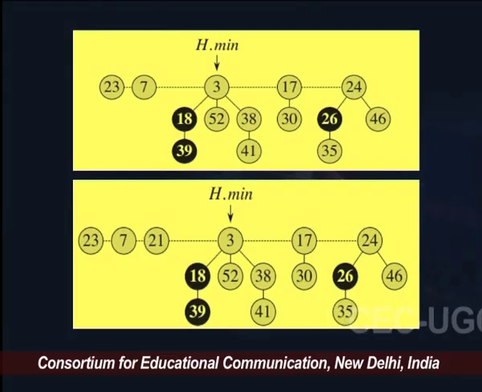But presently 3 was the minimum element in the root list, and 3 is still the minimum in the root list, because we have inserted an element which is greater than this 3, and that element is 21. So, we are not going to update h dot min.